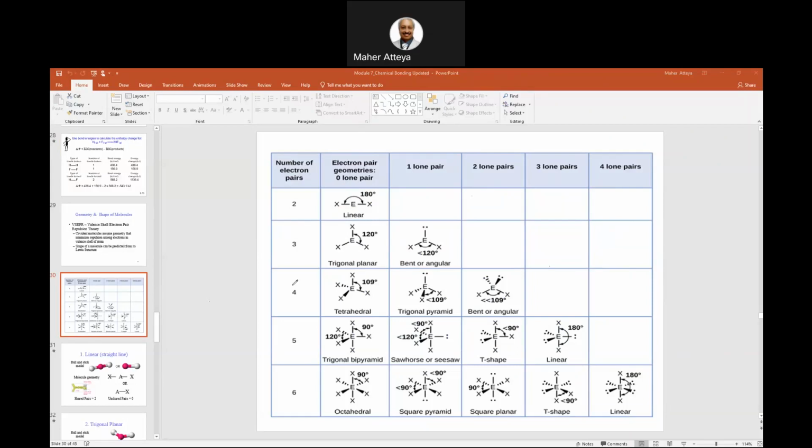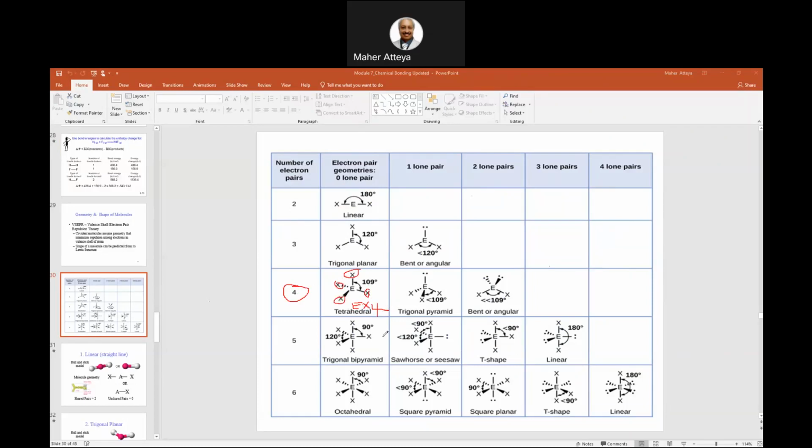I have 4 regions. Let's count them. 1, 2, 3, 4. So the code of this will be EX4. No lone pair, correct?